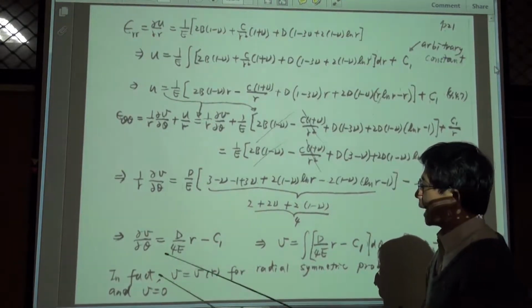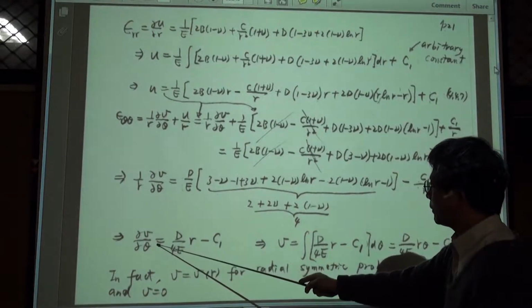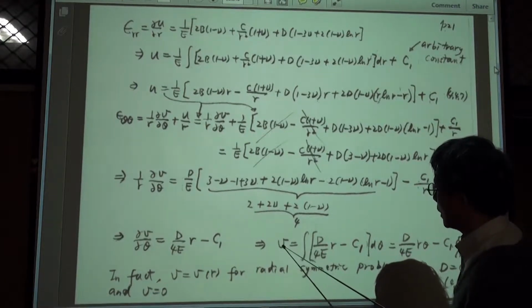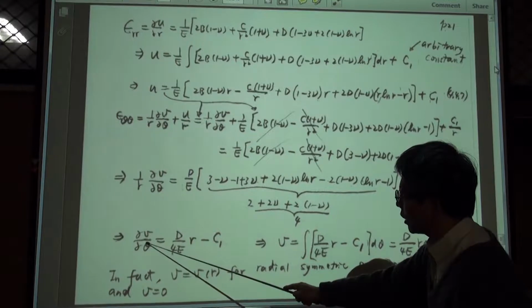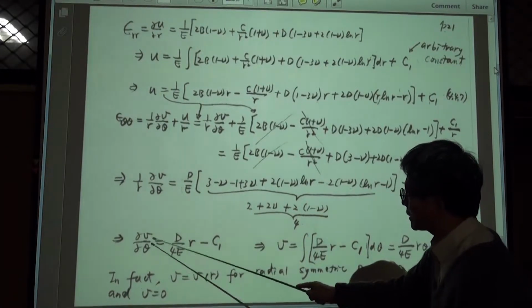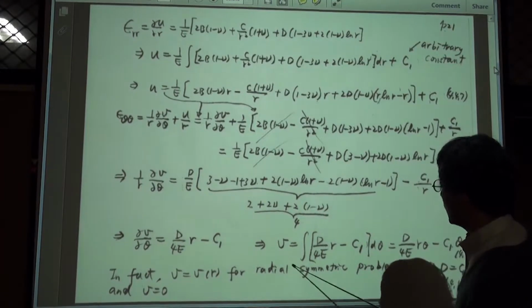A direct integration with respect to theta will give us the function v. We integrate the left hand side and right hand side with respect to theta, which gives us this result.